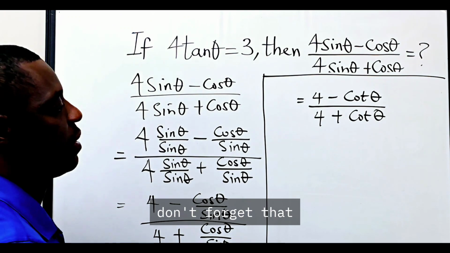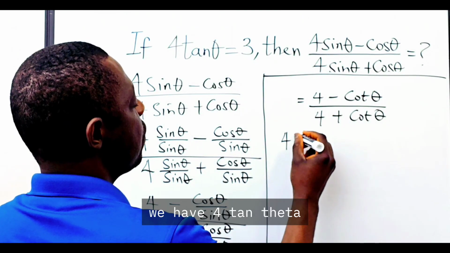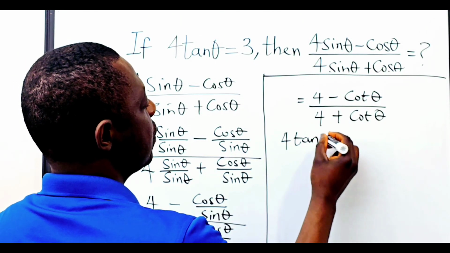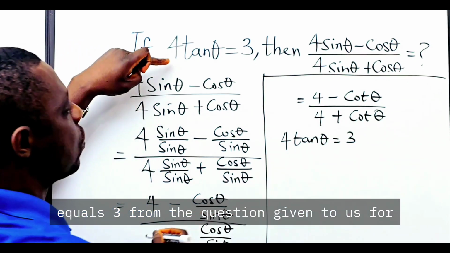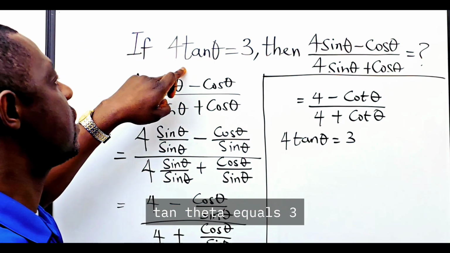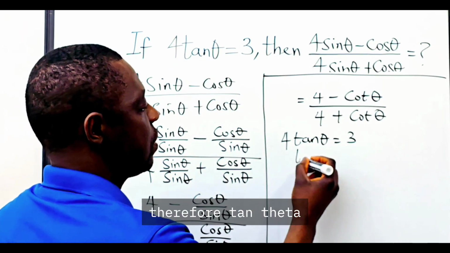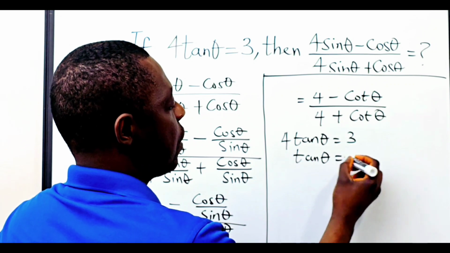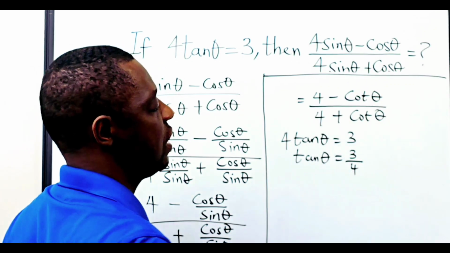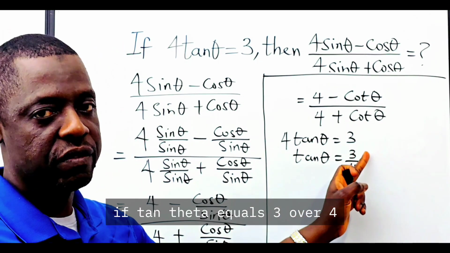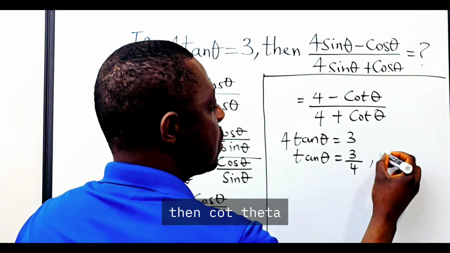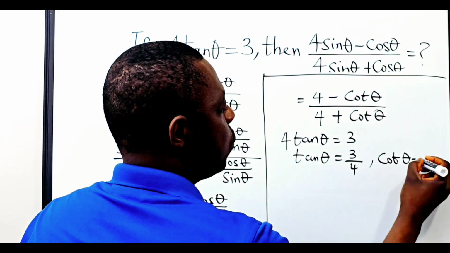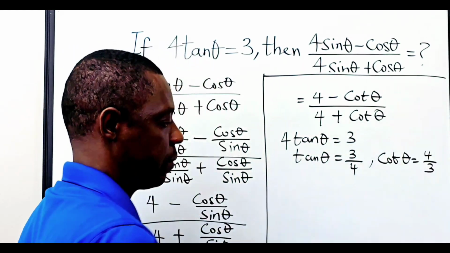Don't forget that we have 4 tan theta equals 3 from the question given to us. Therefore, tan theta will be 3 over 4. If tan theta equals 3 over 4, then cot theta will be 4 divided by 3.